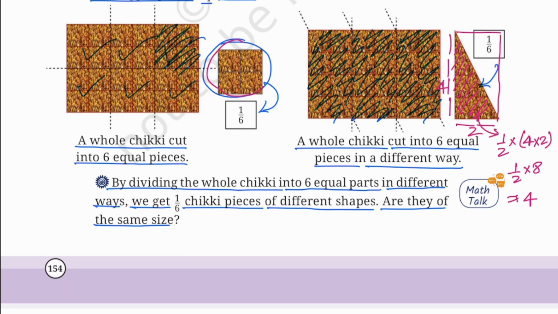If you count it here, you will get 4 square units in this 1 by 6 part. This also has an area of 4 square units. So you can say this part of the chicky has the same area as this part. So you can say both are of the same size.